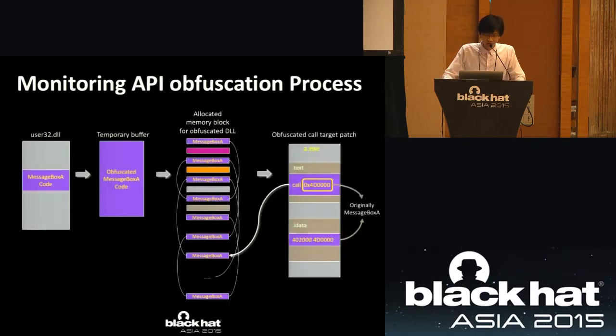If we look at the memory trace again and again, we can find the API obfuscation process. For example, MessageBoxA code is copied to a temporary buffer.